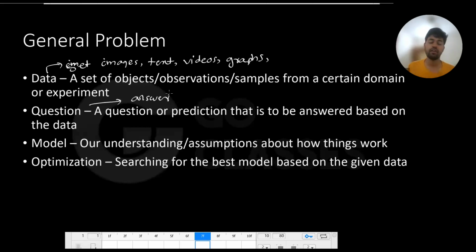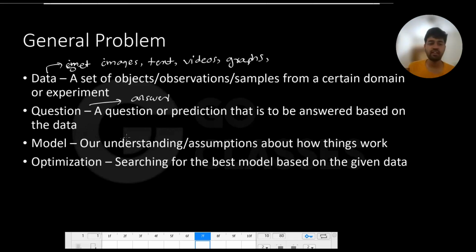I will have one example for that. You are given some data, maybe the marks of students in a class, and then there will be a question that will be asked, like, what is the average marks? Again, that's a very naive way of putting it, but once we go forward, it will become much more clear.